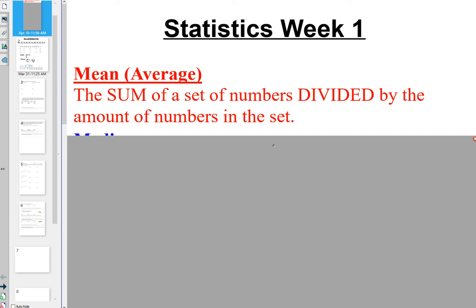Statistics is the math that revolves around measurements that concern data. Data is like information. If you're given information and then you want to be able to interpret that data to try to gain something from it, that's what we do when we deal with statistics.